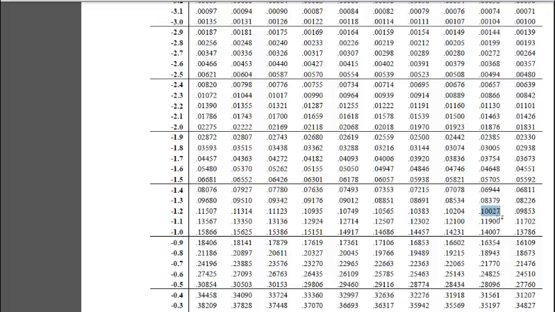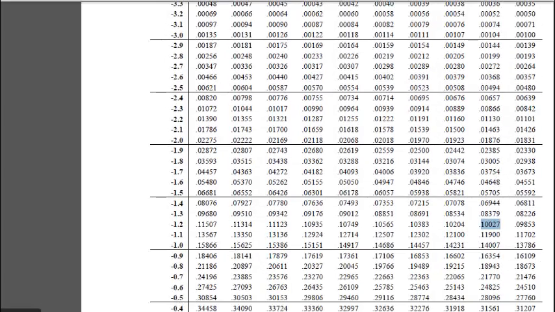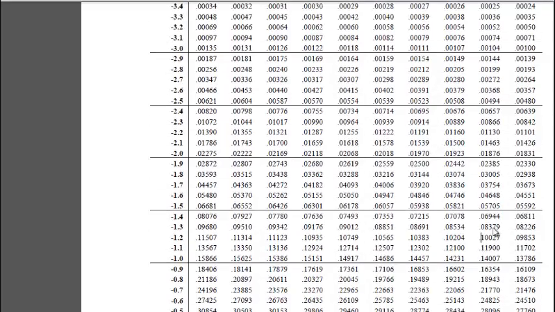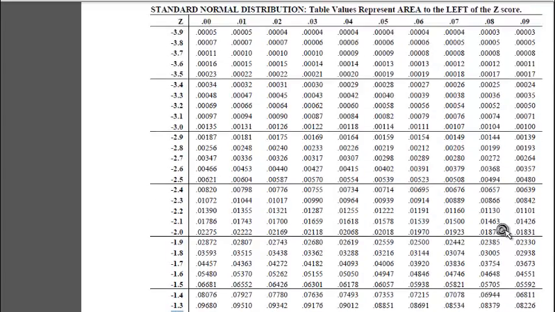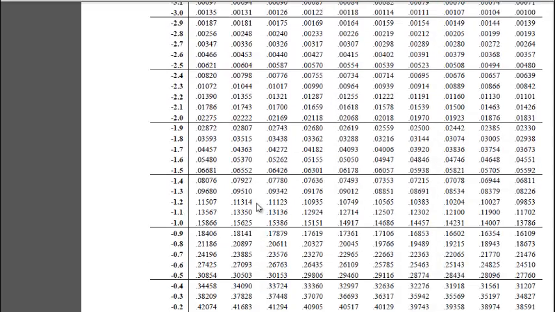So I could say it is approximately negative 1.28, where the area is 0.1, 10%. So I'm approximately taking the closer value, which is here.